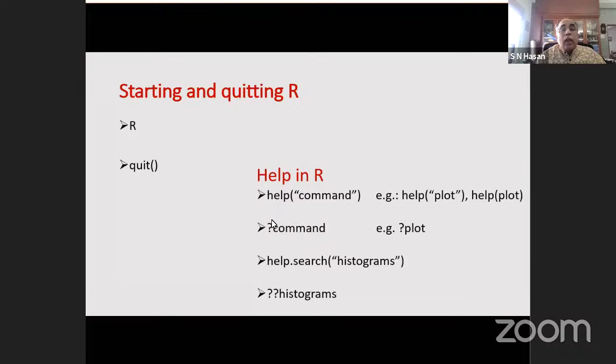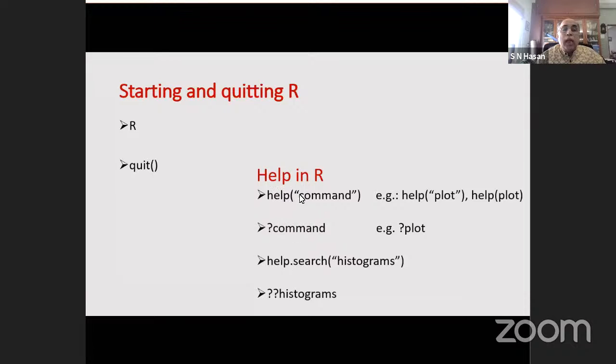Help in R is very extensive. In my second slide, I'm giving you the help features, because as you proceed, if you have doubt about any command or how you should do it, you use this.